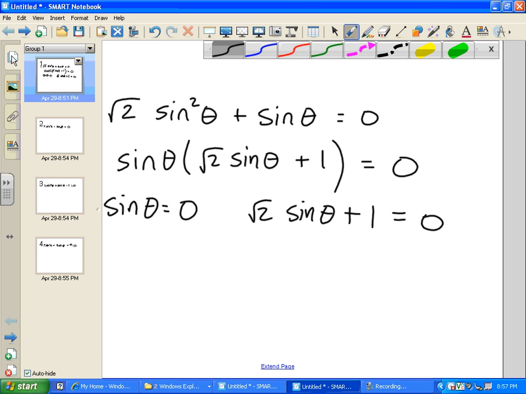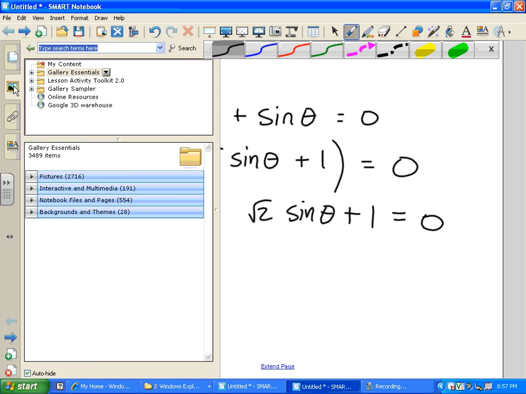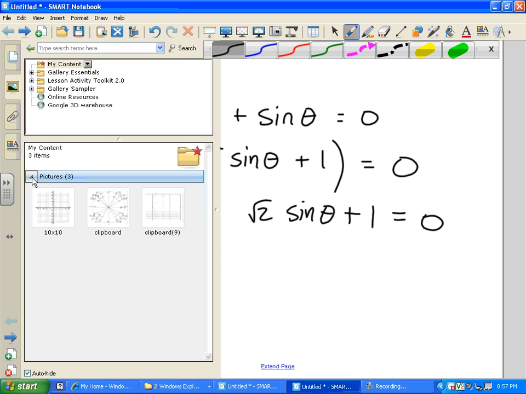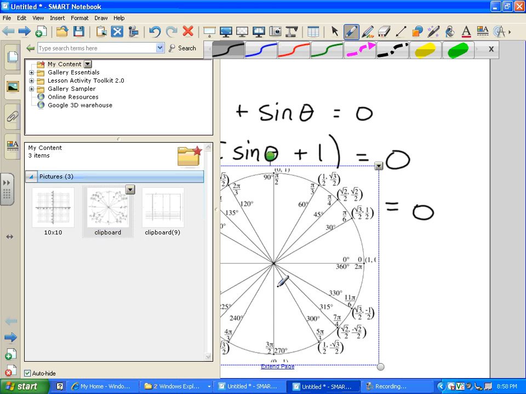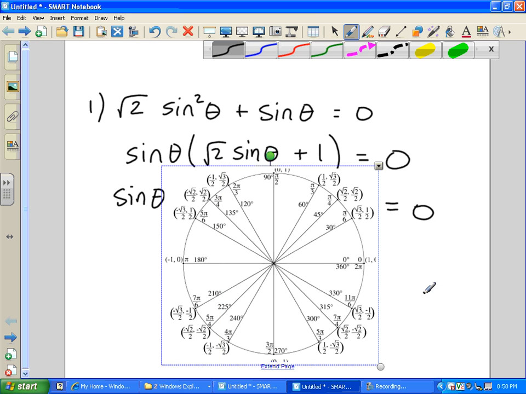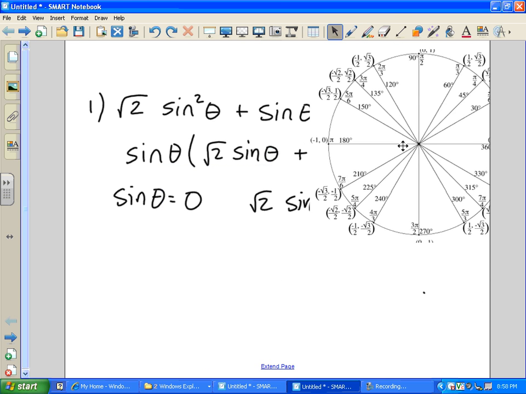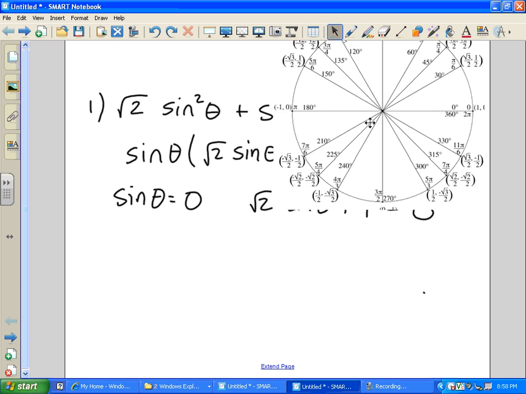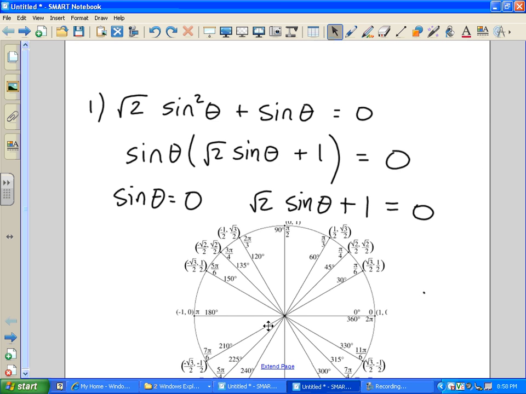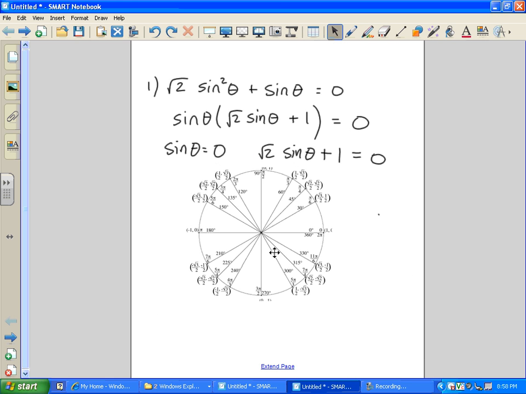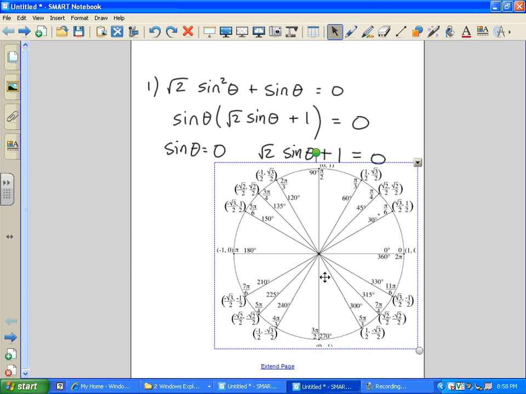Let me get a unit circle going here. So on my unit circle, if I look where sine is 0, that's where my y coordinate is 0.